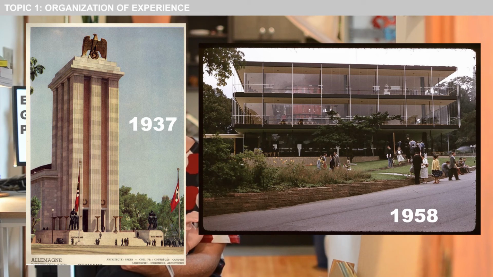So in the span of 21 years, Germany has gone from a fascist state to a democratic republic, and he points to visual cues in each of the pavilions that could be representative of those changes.